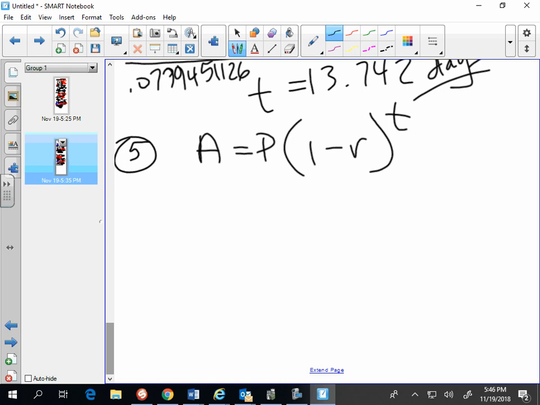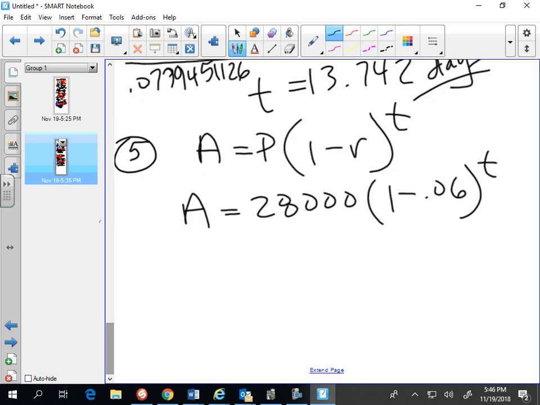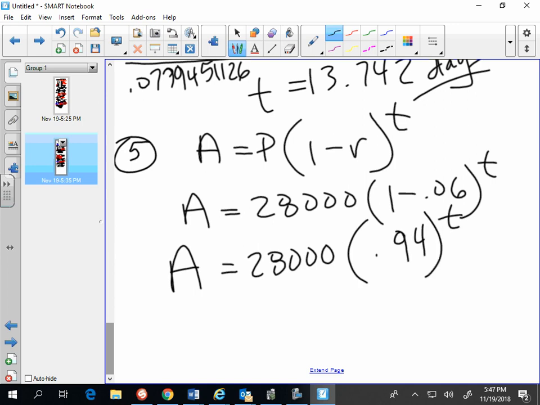So, the initial value was 28,000. So I think the value of car model looks like A equals 28,000(1 minus 0.06)^t, or A equals 28,000(0.94)^t. Okay, there's my car depreciation model.